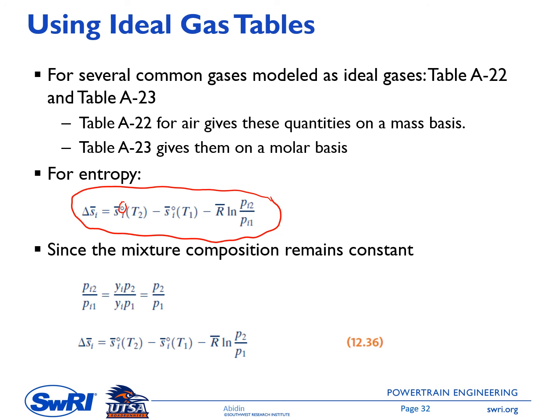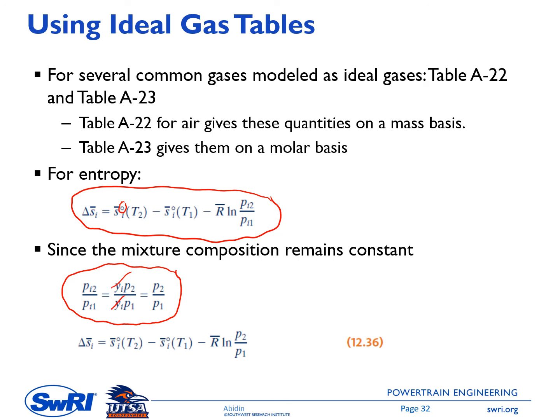And then since the mixture composition remains constant, we have this relationship. You can replace pi2 with yi times P2. Similarly, we can replace pi1 with yi times P1. Since the composition is constant, the yi cancels out.